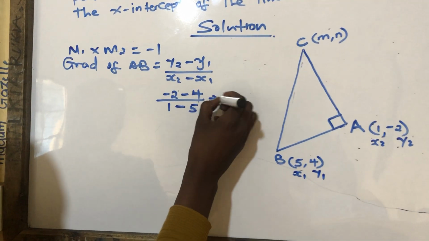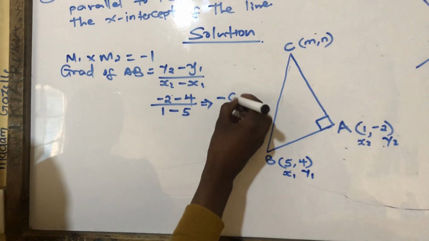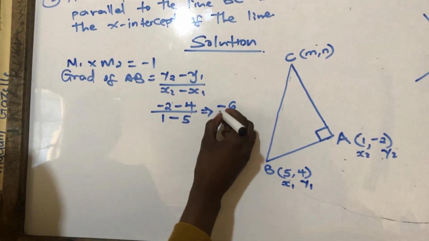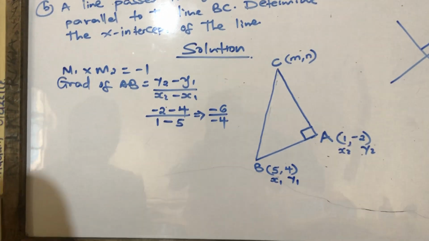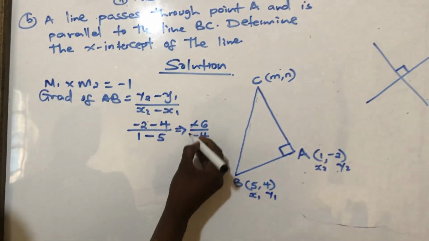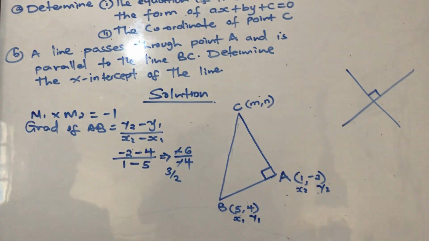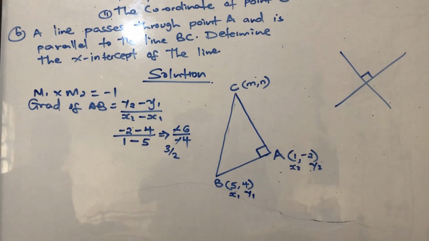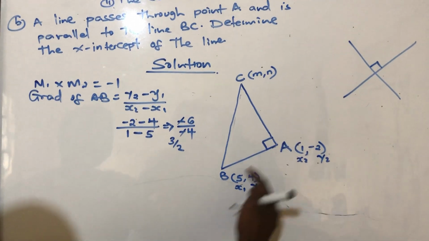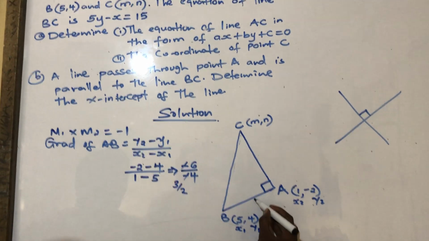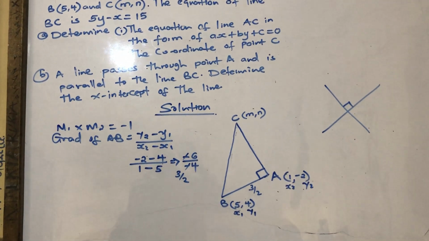So this will be negative 6 for the numerator and negative 4 for the denominator. The two negatives will cancel out, giving us a gradient of 3 over 2 when simplified. That should mean line AB is having a gradient of 3 over 2.